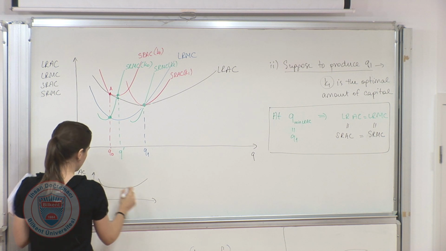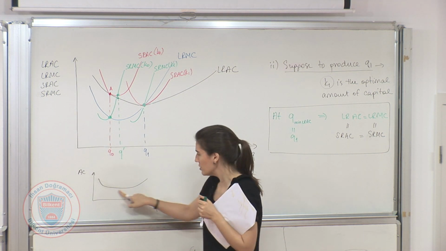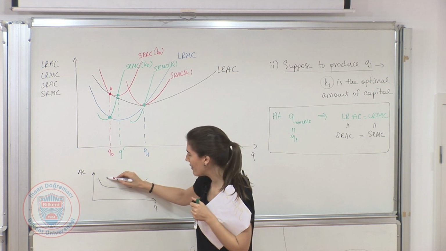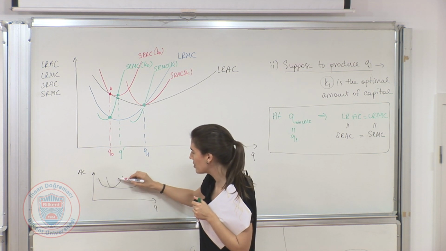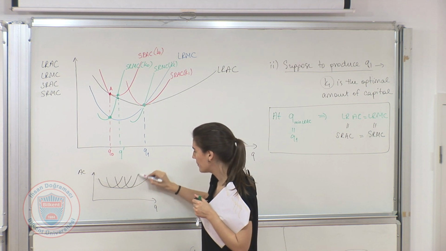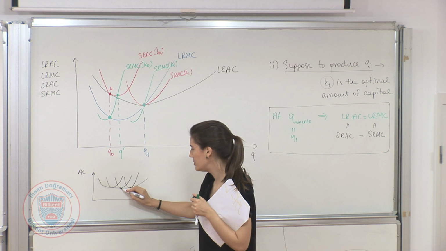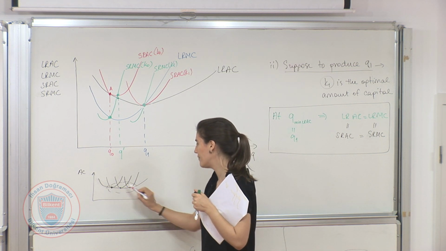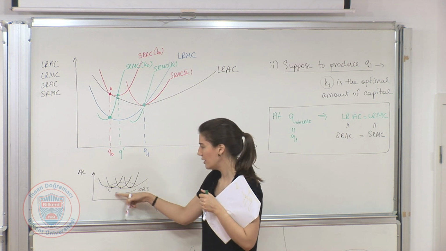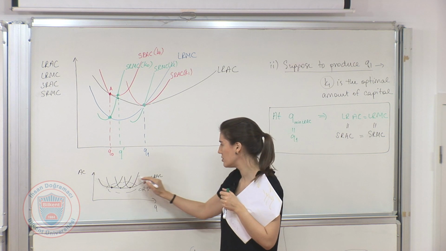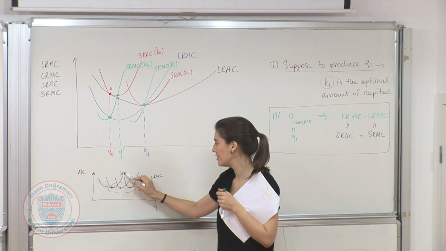So here average cost, here it's Q. So you see that in this portion you have constant returns to scale. As long as you have constant returns to scale, all the short run curves would be tangent at their minimum, okay? So you see, in this portion you have constant returns to scale, okay? And this is the long run average cost, and these are the short run average cost curves, okay?